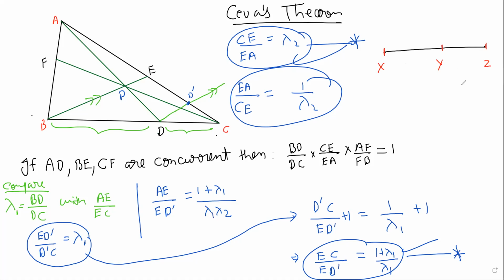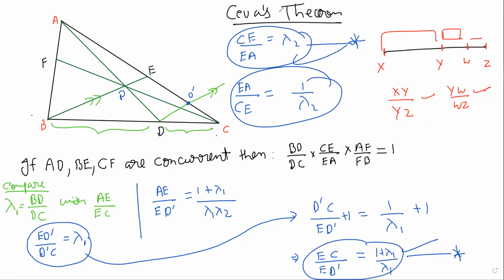If you know the ratio of xy by yz, and another point w comes in, and you also know yw by wz, then you better be able to find xy by yw, right? That is just a basic thing about ratios.